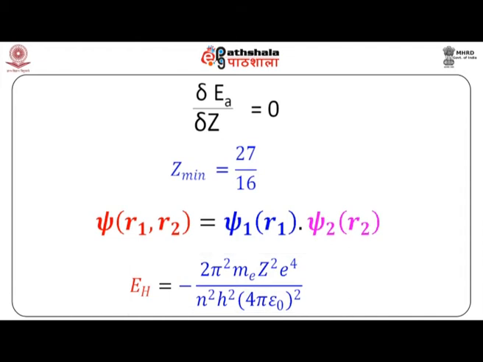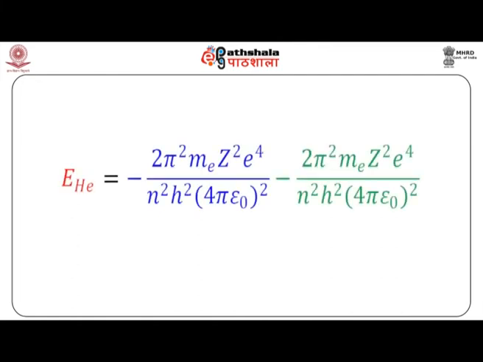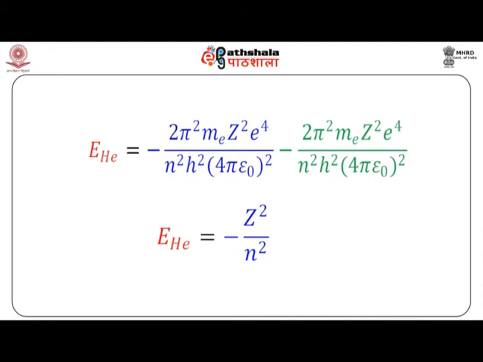So the helium atom energy now becomes as shown in equation 20a, minus 2 pi square m z square e to the power 4 upon n square h square into 4 pi epsilon naught whole square, minus 2 pi square m z square e to the power 4 upon n square h square into 4 pi epsilon naught whole square for each respective electron, which on simplification in terms of atomic units gives us expression 20 with n equal to 1 for ground state.